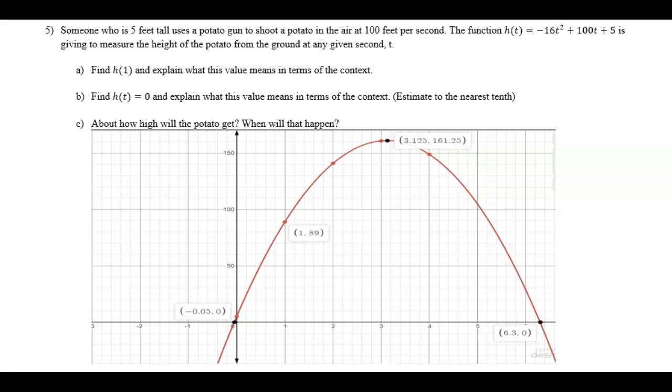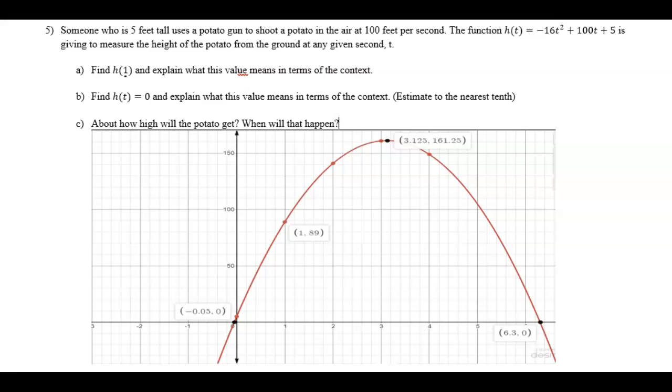So h of 1 means at 1 second, how high will the potato be? What will be the height of the potato from the ground after 1 second?